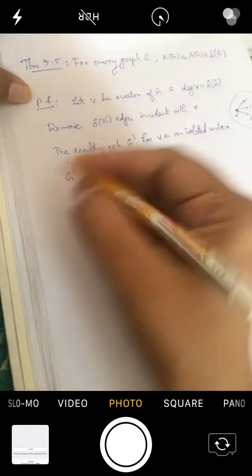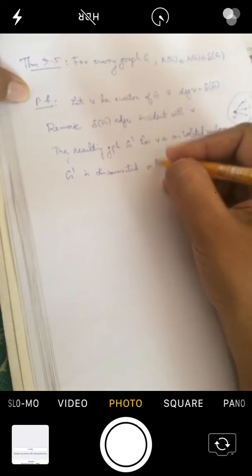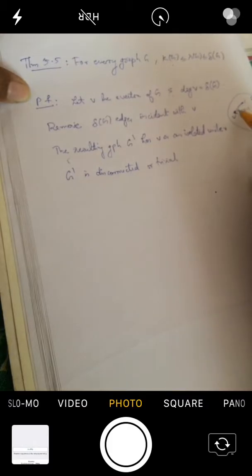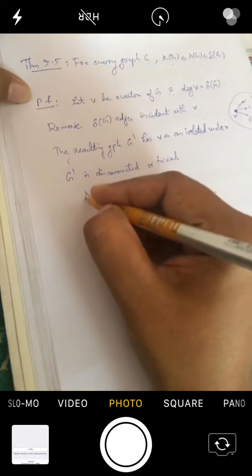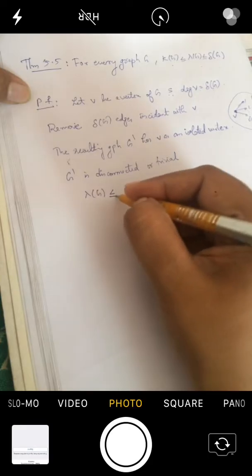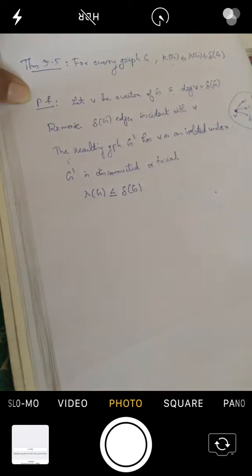So G dash is disconnected or a trivial graph. By deleting all these delta G edges incident to this vertex V, we got a disconnected graph. So what will be the edge connectivity? Lambda of G will be less than or equal to delta of G.